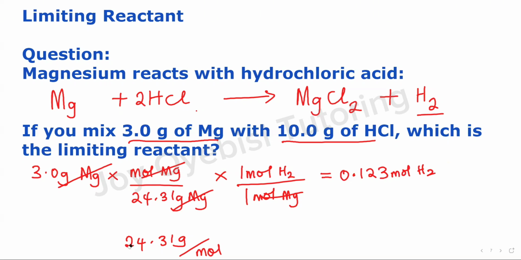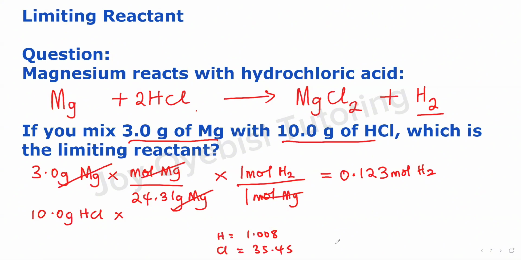Now we're going to do the same thing with the HCl, the 10 grams of HCl. Starting with 10 grams HCl, again, we have to find the molar mass of HCl. In order to convert to moles, you need the molar mass, okay? Remember your triangle method. Hydrogen is 1.008. Chlorine is 35.45.